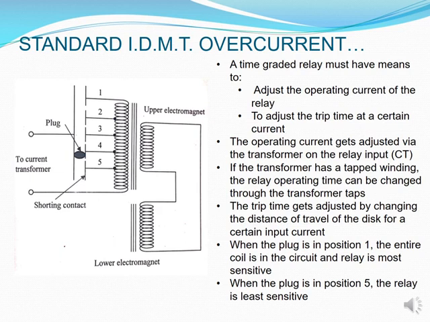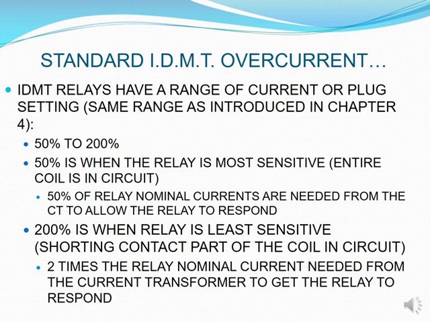When your plug is in position 1, which is right at the top, then your entire coil is in circuit, and the relay is said to be most sensitive in that area. When that plug is in position 5, the relay is least sensitive, and we even say that it is a shorting contact. Now again, this goes back to the slide that we've just come out of. The 1 up until 5 will talk to what we call a 50% to 200% plug setting.